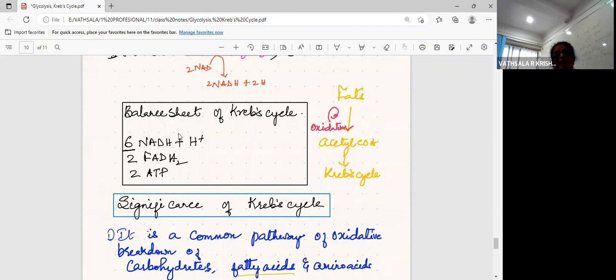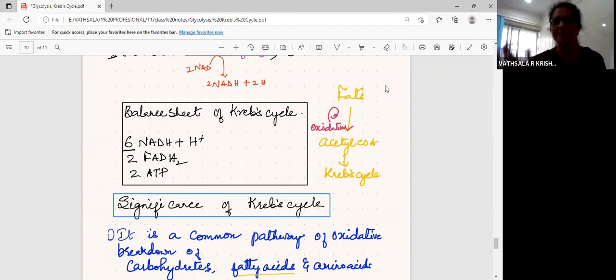Investment phase. How much do you consume? All of you go through glycolysis. Wait, let them do it. Meda. Vihan, today you are not talking at all. Why?